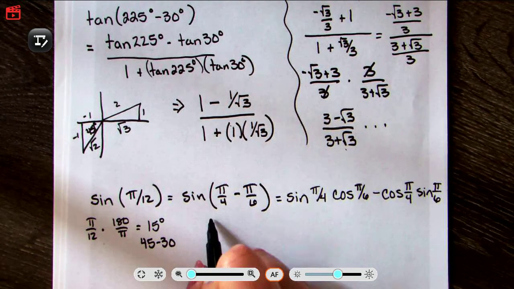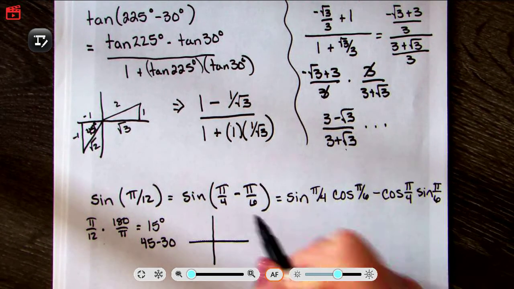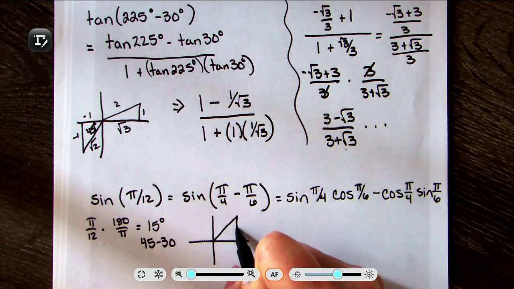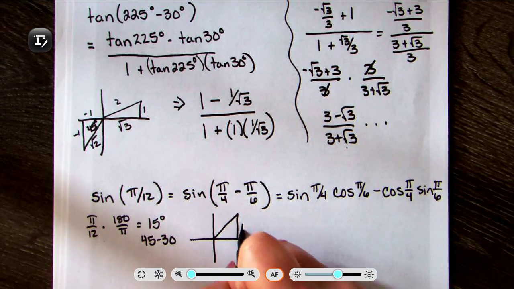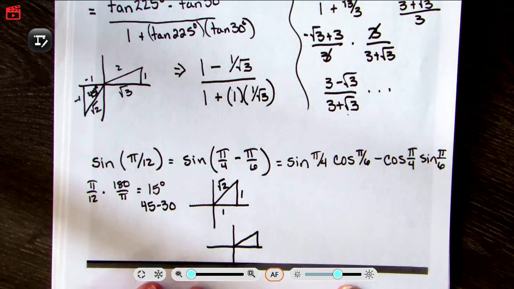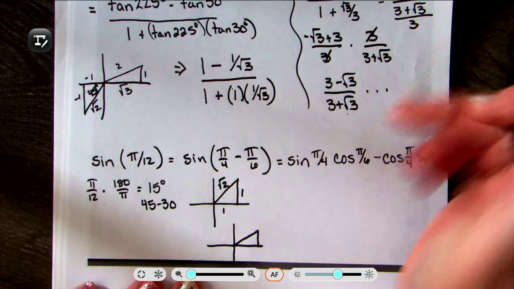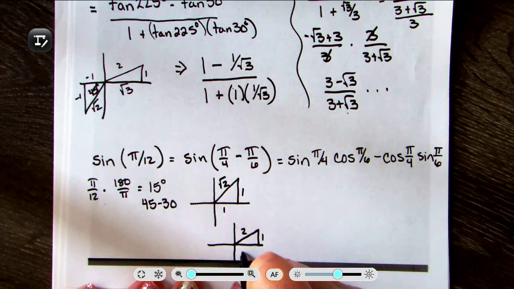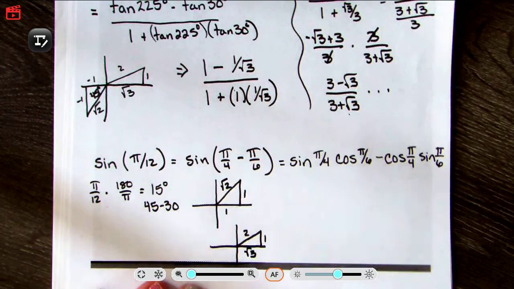All right, and I need my two little triangles. I need my 45, or my pi over 4, which is 1, 1, square root of 2. And I can't really draw these on the same picture because they're in the same quadrant. So my pi over 6, that's my 30, my 1, 2, square root of 3.